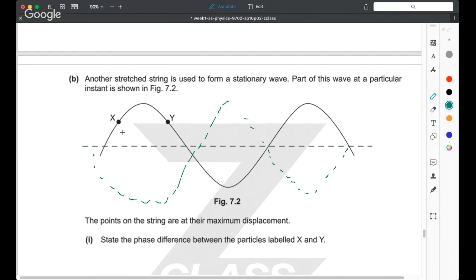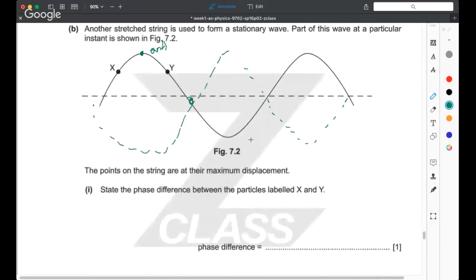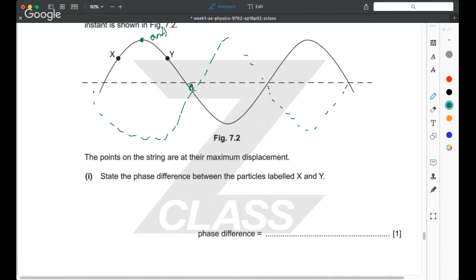It seems that it doesn't move. So this is the antinode, and then the node is where they join in the middle. Exactly, this is the node. So this is equivalent to the amplitude, and this is the node.